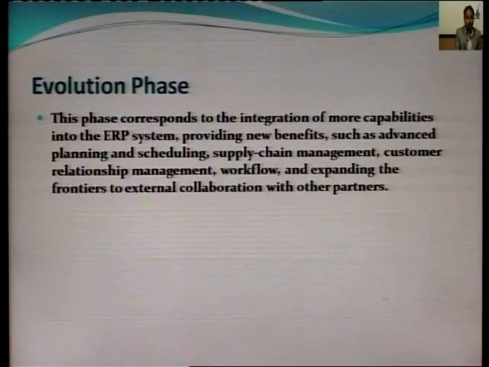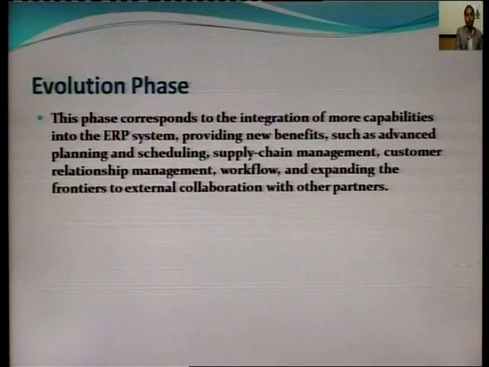Evolution phase. This phase corresponds to the integration of more capabilities into the ERP system, and provides new benefits such as advanced planning and scheduling, supply chain management, that is SCM, customer relationship management, that is CRM, workflow, and expanding the front line to external collaboration with other partners.